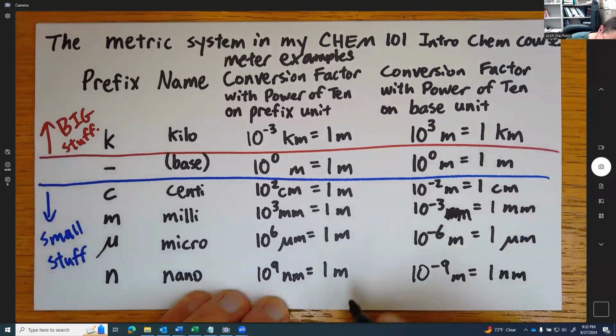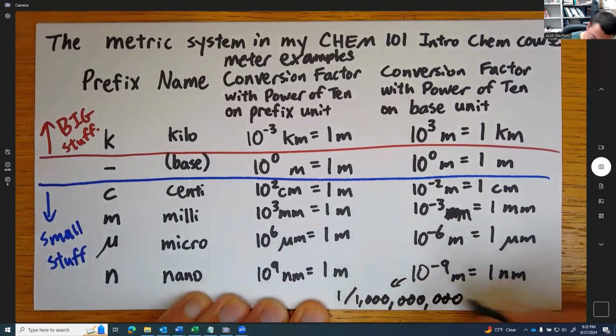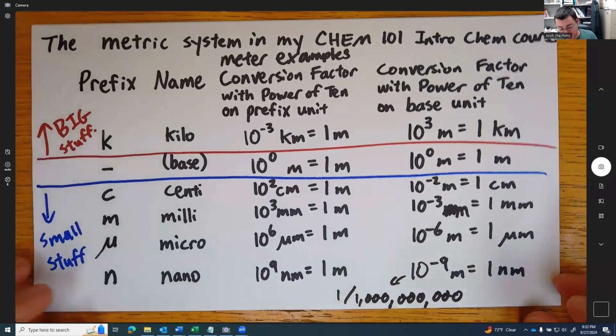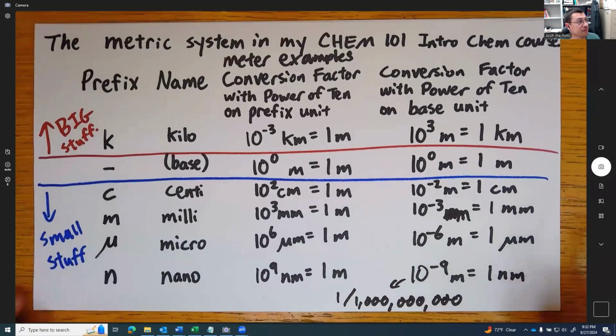Maybe I'll write this out as a standard number once. 1 divided by, we need 9 zeros. There we go. All right, I'll let this stay on the screen for a bit so you can catch up and let that soak in.